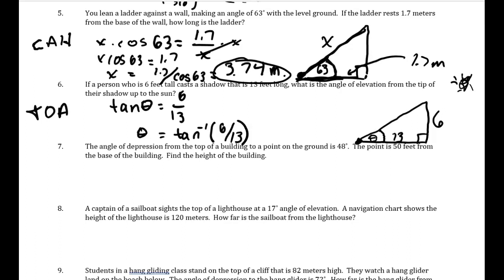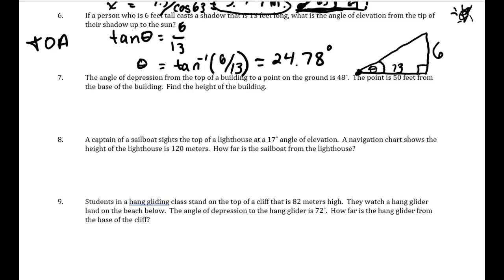Second tangent of 6 divided by 13, and our angle would be 24.78 degrees.